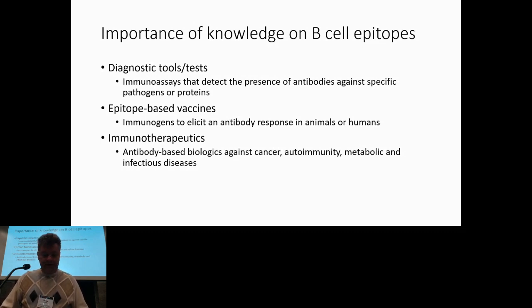The practical consideration for developing tools is linear epitopes. They are smaller, easier to synthesize, and easier to scale up for large-scale production. That's why we focused our prediction method on linear, small epitopes.